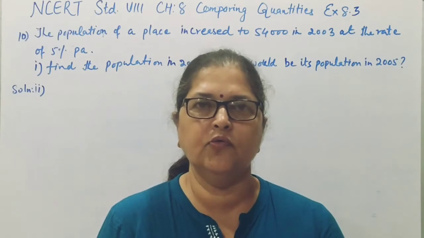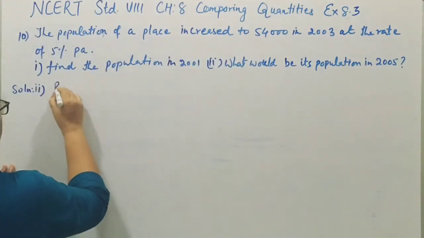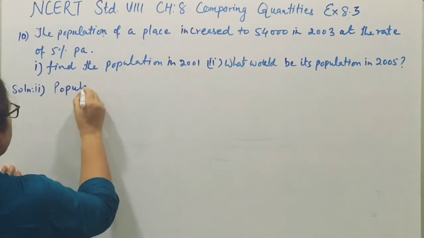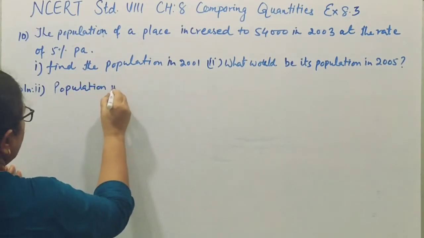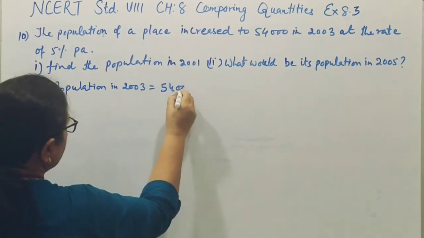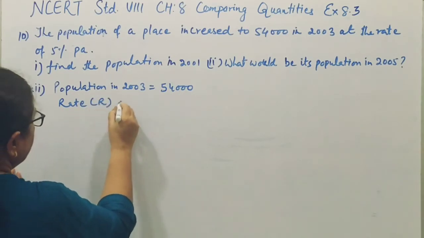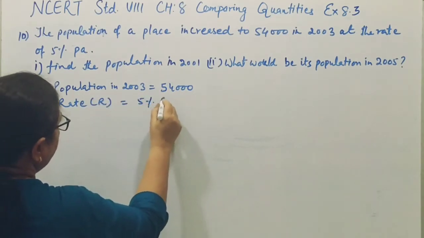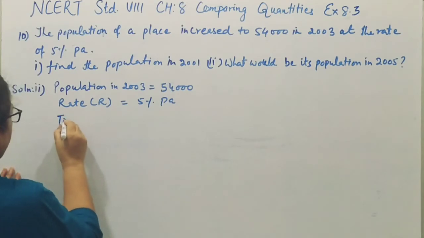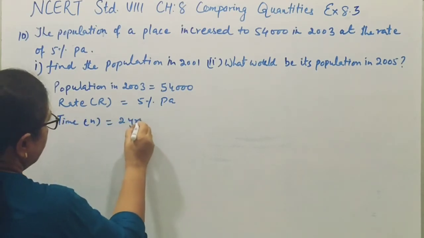Now the second part of question number 10. Population in 2003 is given 54,000. Rate is given 5% per annum. Time 2 years.